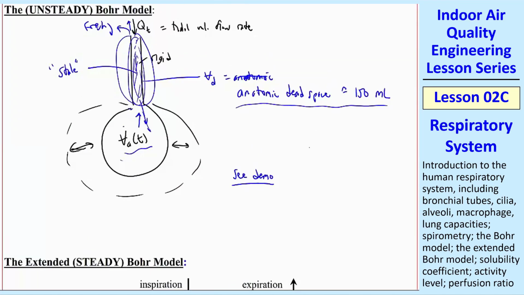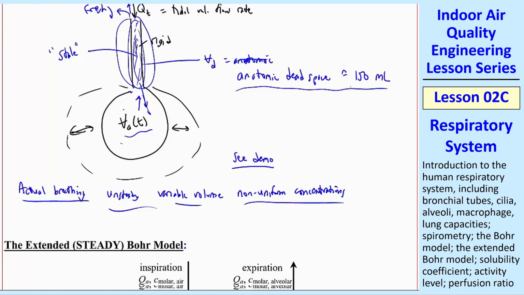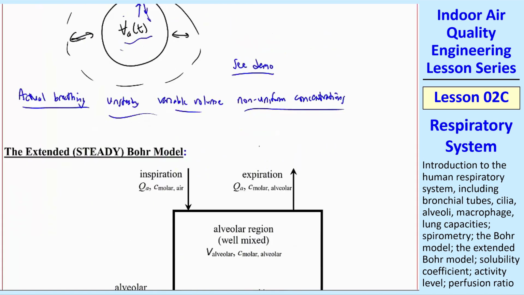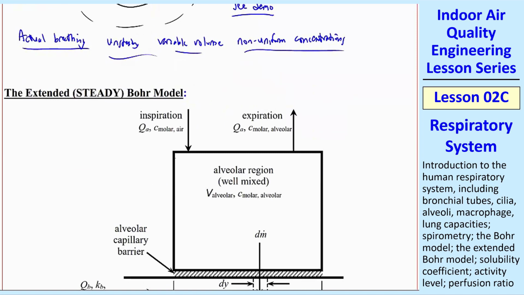This is a great model because it's unsteady, and it is a good model for actual breathing, but it's a complicated model because it is unsteady and has variable volume. If you want to get real fancy, you can do this model with non-uniform concentrations. So we're going to look at a simpler model, and this extended steady Bohr model is more like what you're used to in mechanical engineering, where you make a control volume.